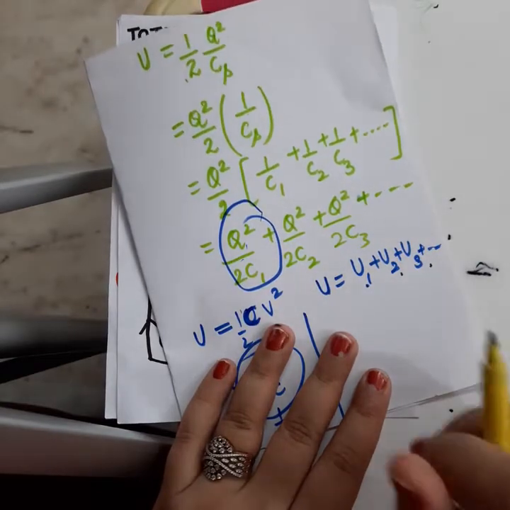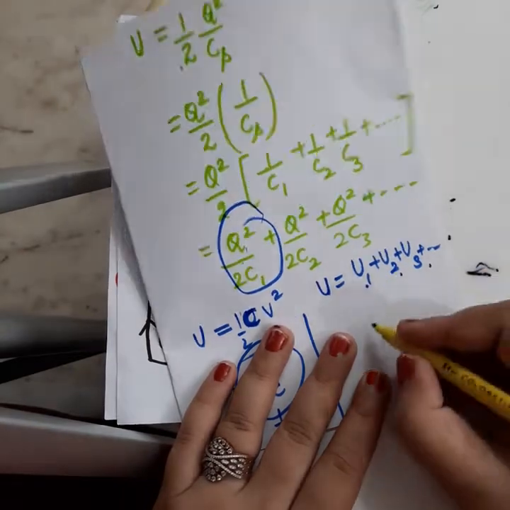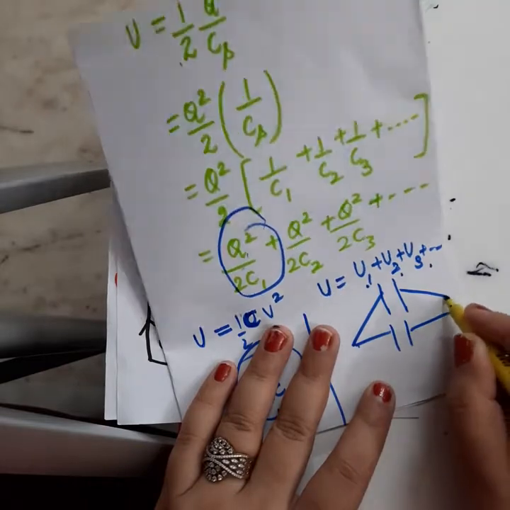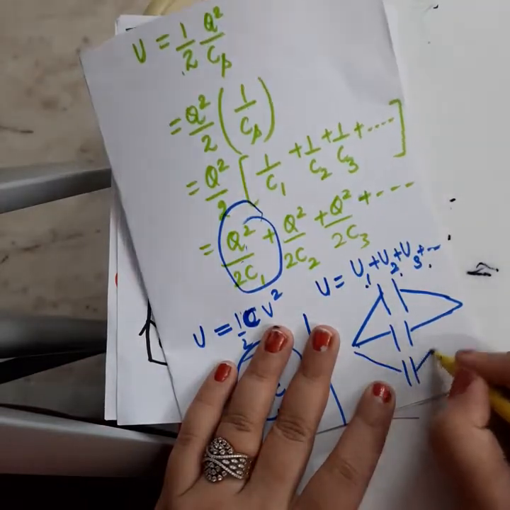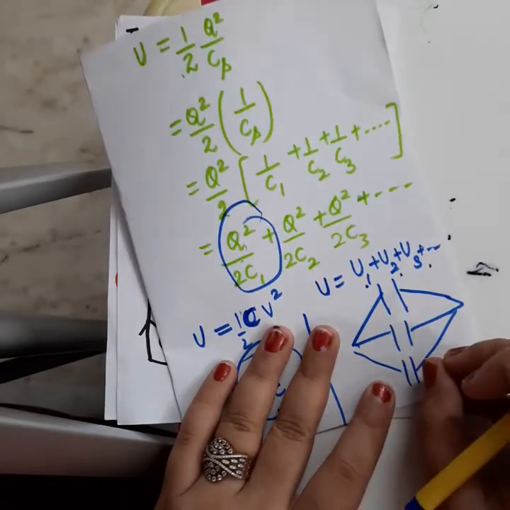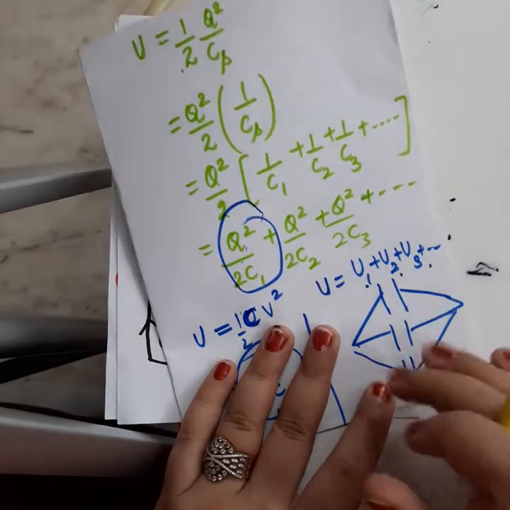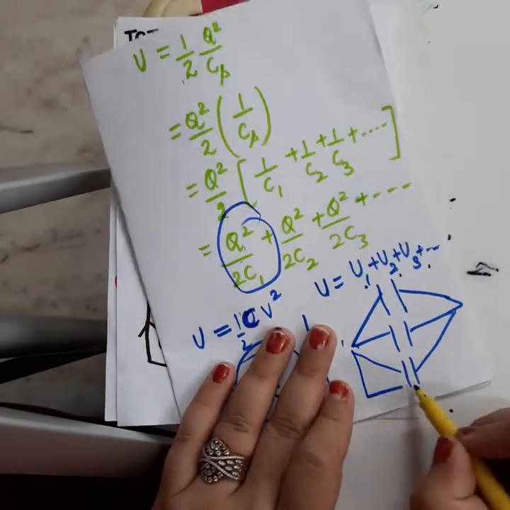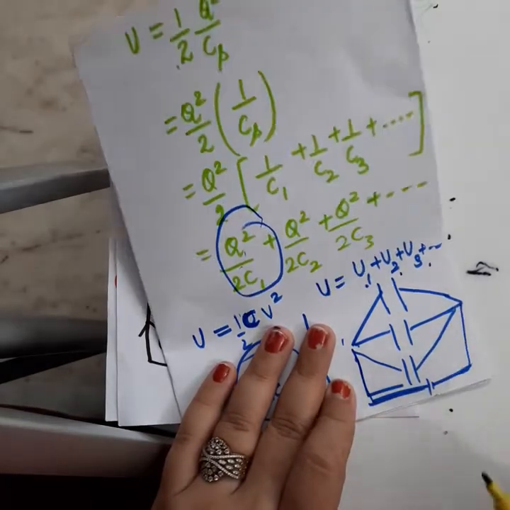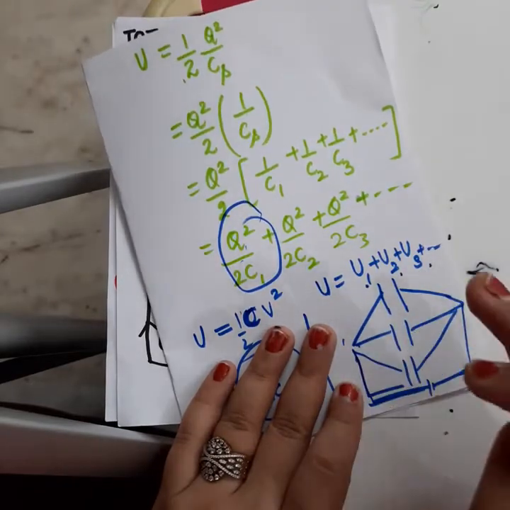Okay, and now we will be having a parallel combination of capacitors. In parallel combination of capacitors, we know that all the capacitors are connected like this. Their left plates are connected together and their right plates are connected together. So in this case, when the capacitors are connected like this to a battery, what amount of total energy will be stored in this combination?